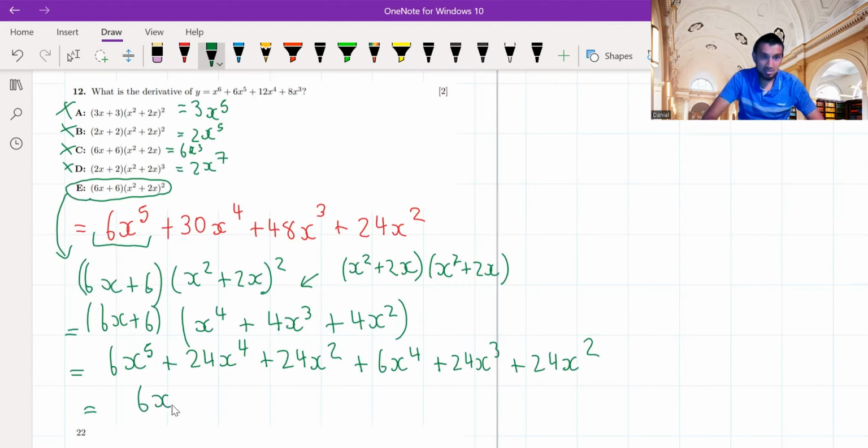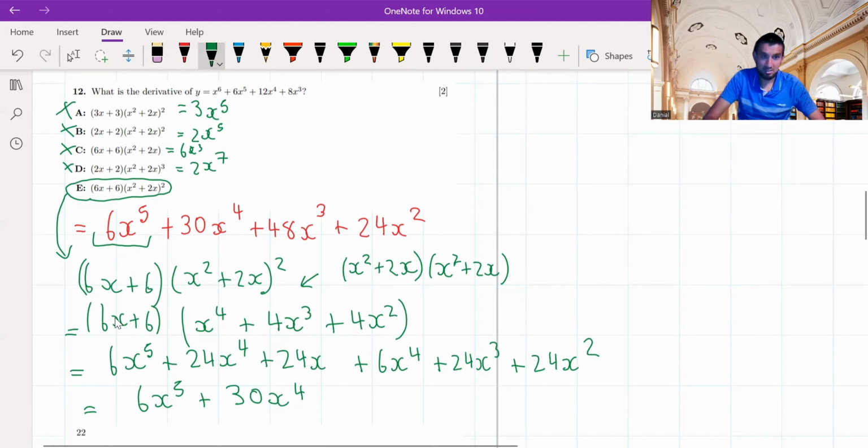And then that will be 6x to the power 5 plus 24x to the power 4 plus 6x to the power 4 will be 30x to the power 4 plus 24x cubed. So yeah, this term should have been 24x cubed, okay?